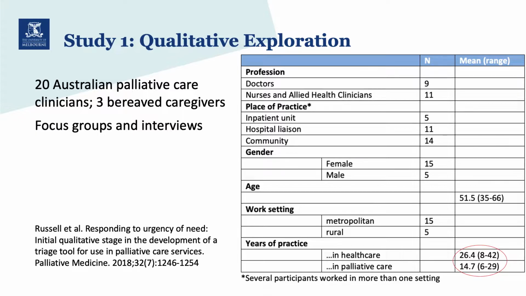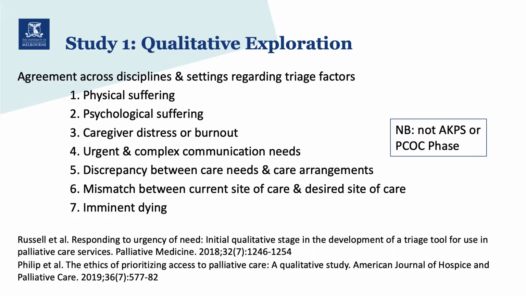So the mean number of years of clinical experience in palliative care was 14.7 years. So a very experienced group of clinicians participating in this qualitative work. And we found agreement across disciplines and settings regarding triage factors.